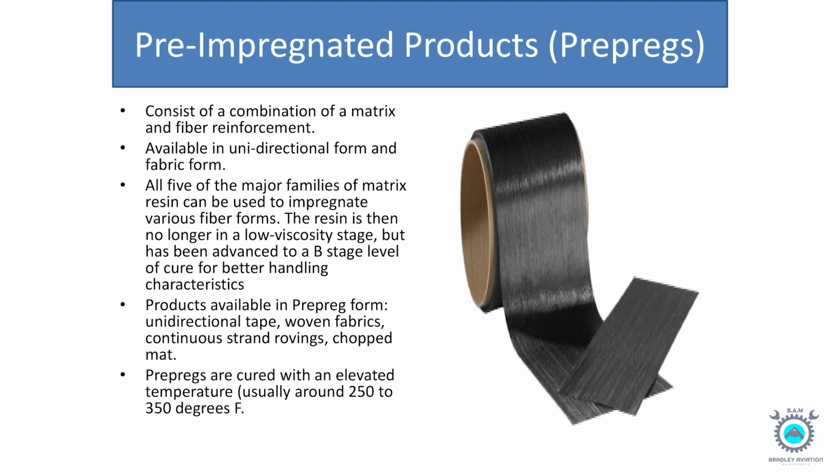The resin is then no longer in a low viscosity stage, but has been advanced to a B stage level of cure for better handling characteristics. Products available in prepreg form: unidirectional tape, woven fabrics, continuous strand rovings, chopped mat. Prepregs are cured with an elevated temperature, usually around 250 to 350 degrees F.